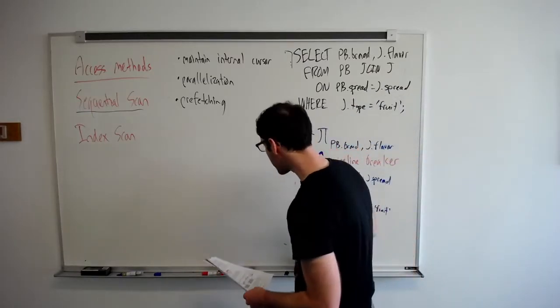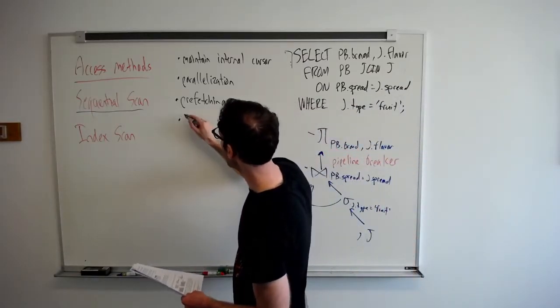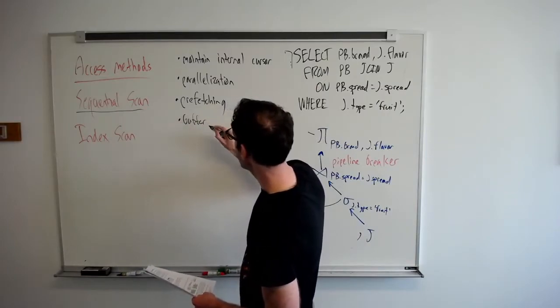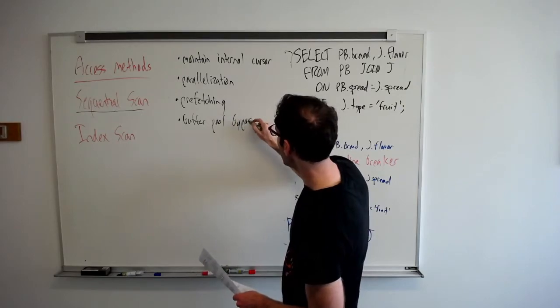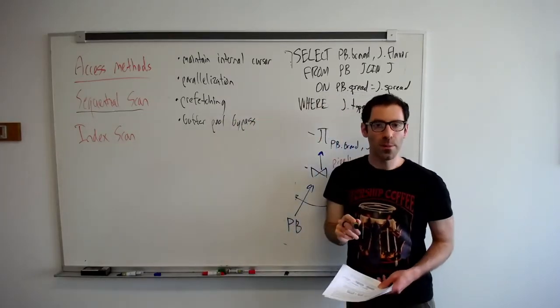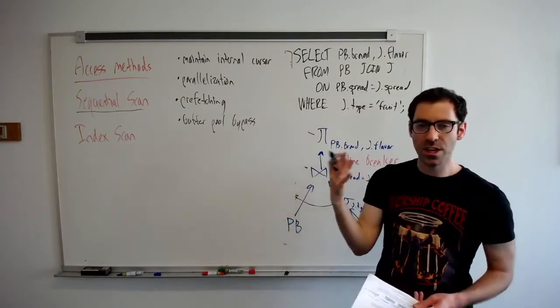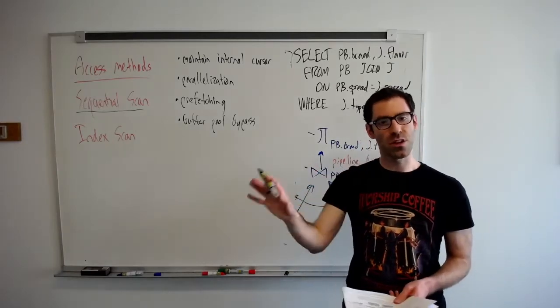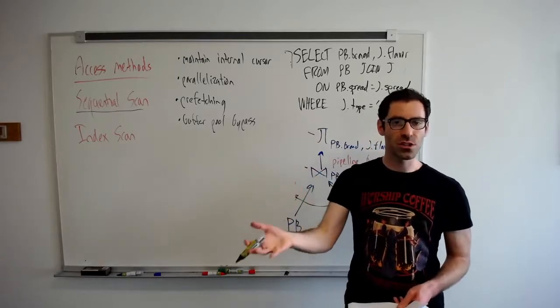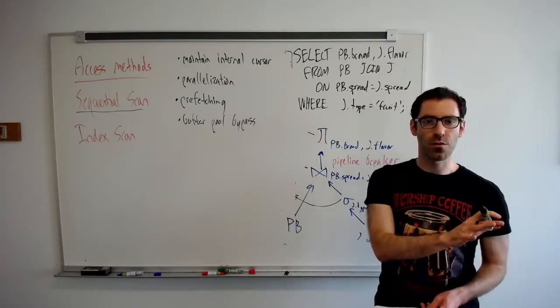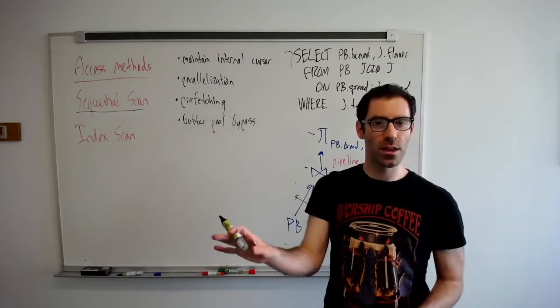Another thing that was mentioned in the video on buffer pools is something called buffer pool bypass, which says the query is going to have some local memory of its own that's not part of a buffer pool, and it will just store the pages that it gets from disk in its own local memory rather than in the buffer pool.